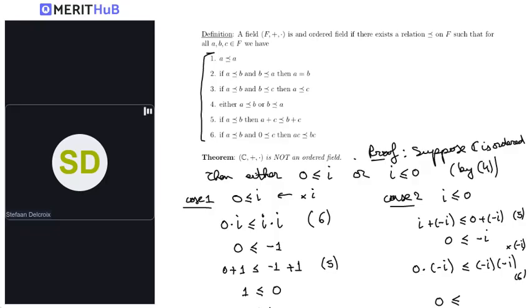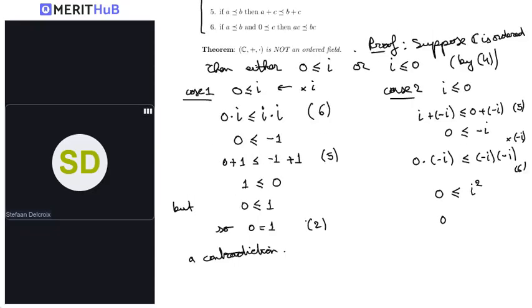Opposite of i times opposite of i is not 1. What should happen to those two negative signs? They cancel out. So we get i squared, which is negative 1.